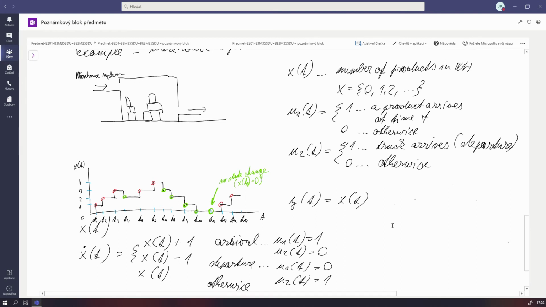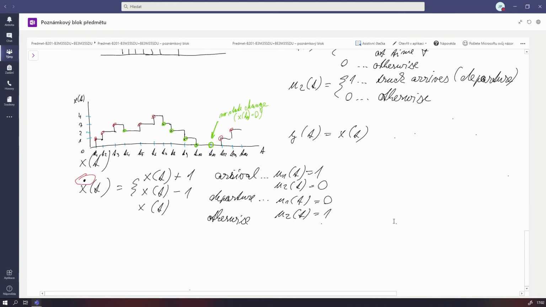Let's have a look at this notation. Typically this means change of state, but it relates to continuous time and also continuous change of the state variable.